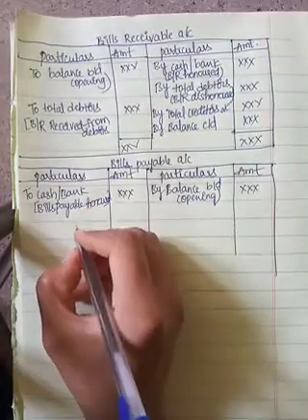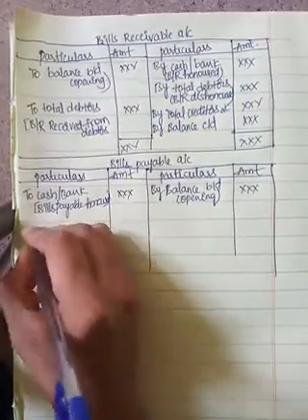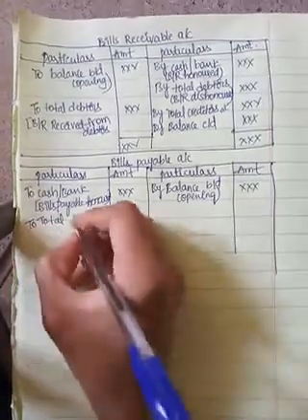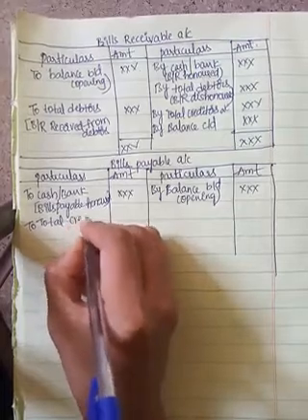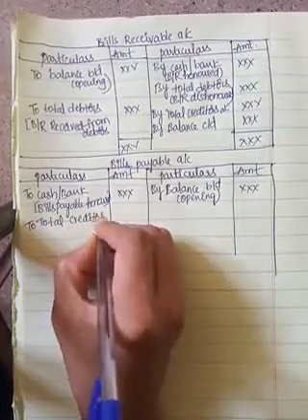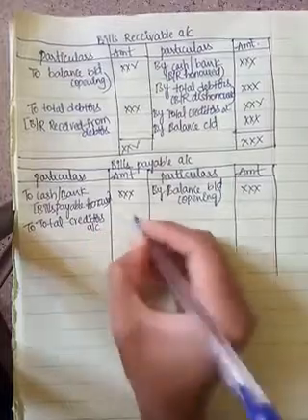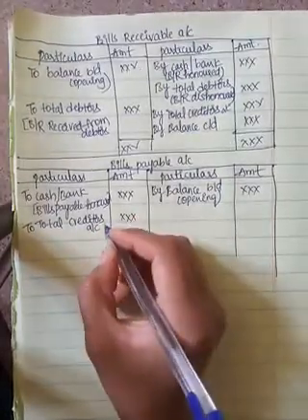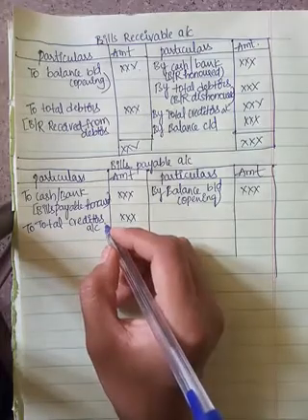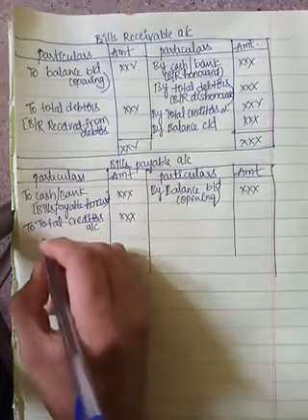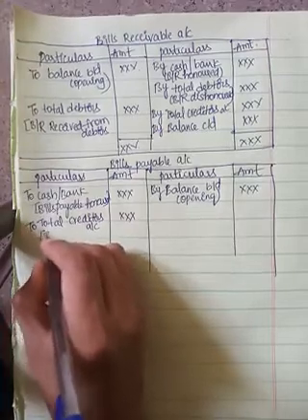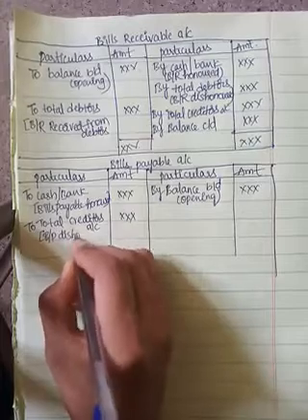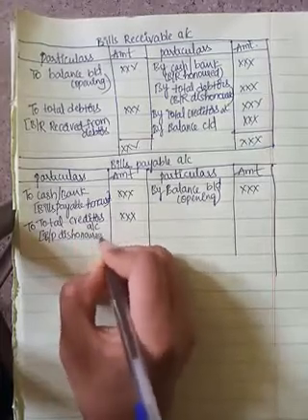Next is to total creditors account, bills payable dishonored.